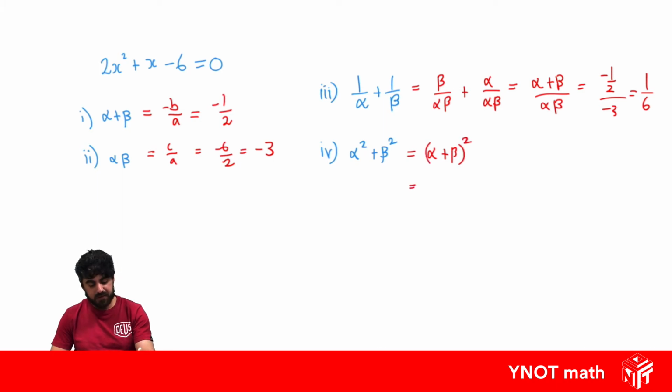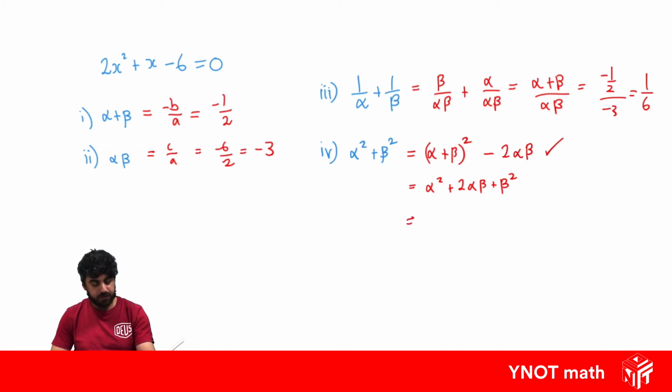But if you expand this out, you'll get alpha squared plus 2 alpha beta plus beta squared. So it's not quite the same thing because we have this extra 2 alpha beta term. So if on the original we minus 2 alpha beta, we'll actually get the same thing. So now they are equal to each other.